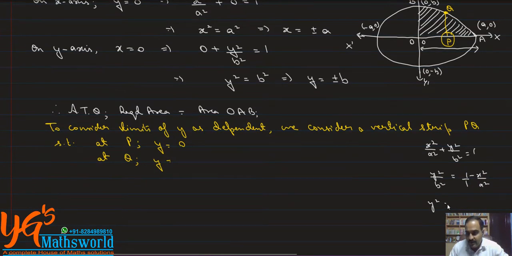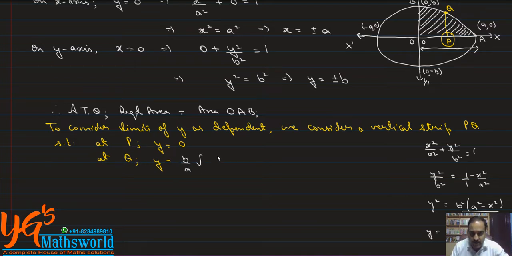So it will be y square is equal to b square into a square minus x square over a square, or we can say y is equal to plus minus b upon a into root of a square minus x square. Since we are working in the first quadrant, we have to take the limit of y as positive only. So it will be b upon a into root of a square minus x square.